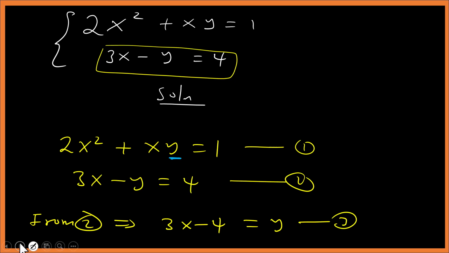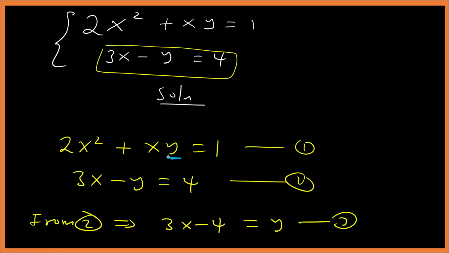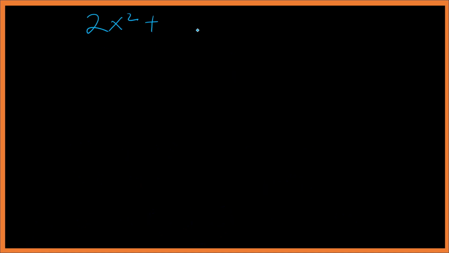So we have 2x squared plus, remember we have xy, meanwhile y is 3x minus 4. So x times 3x minus 4 equals 1.